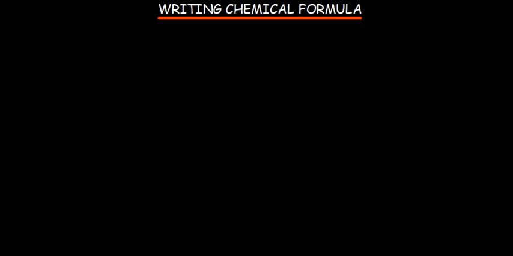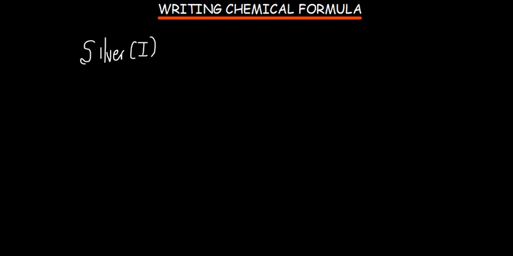Let's say you want to write a formula for silver oxide. For silver, because it's a transition element, they are going to tell you the valency.